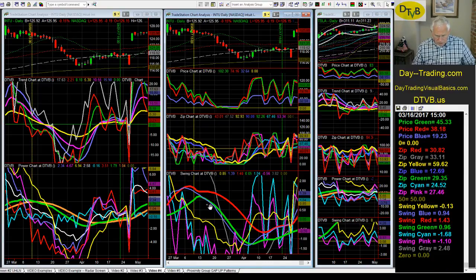Swing green is 0.96 and swing blue is 0.94, so it's just above it yet. On this day right here, swing green is 0.86, swing blue is 0.82. Swing green is still above the blue. Blue is now under green, and blue was just under green here too.